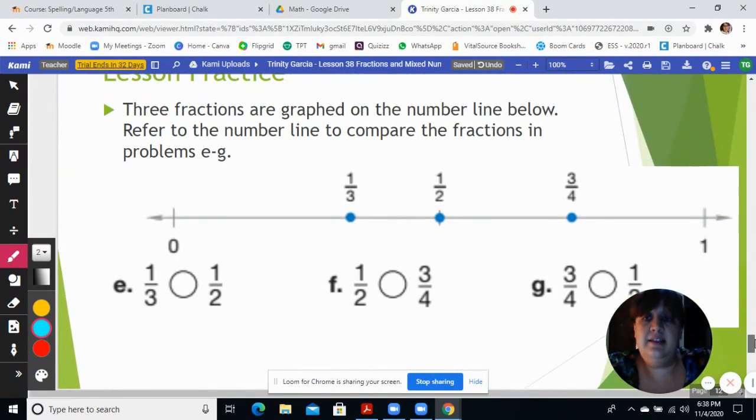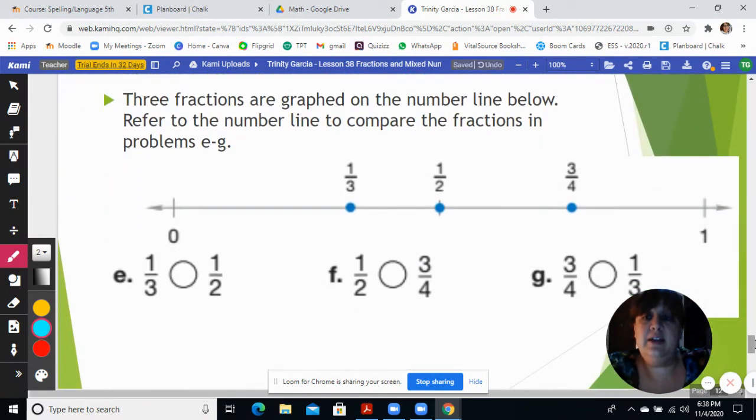Okay, lesson practice. 3 fractions are graphed on the number line below, referring to the number line to compare the fractions in the problems E through G. All right, so E says 1/3 is something to 1/2.